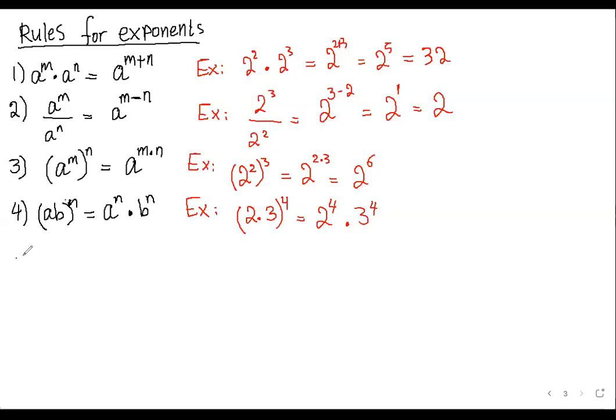Number 5. If I have something like that, a over b, all of them to the power n, this is equal to a to the power n over b to the power n.